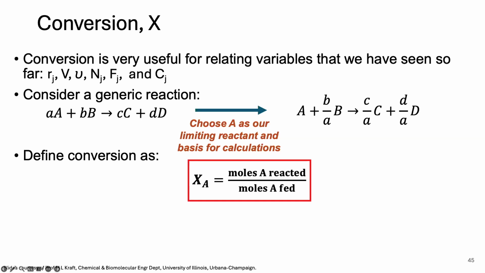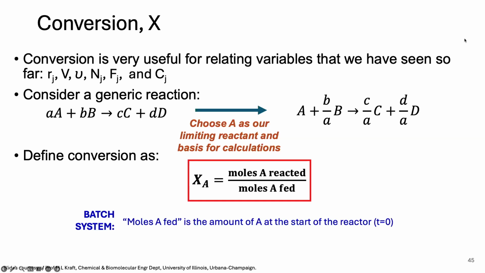And conversion will be defined, again, as X, in this case, X sub A, our limiting species. And we'll be referring to conversion as the moles of A that are reacted versus the moles of A that are fed.